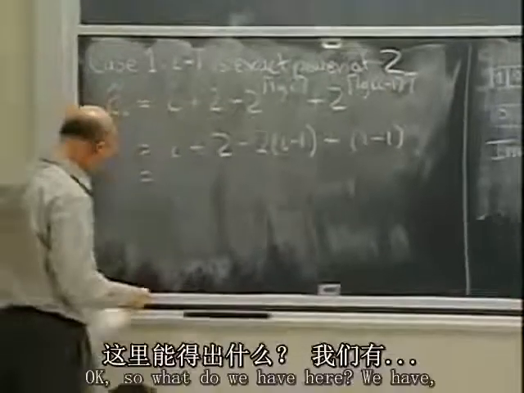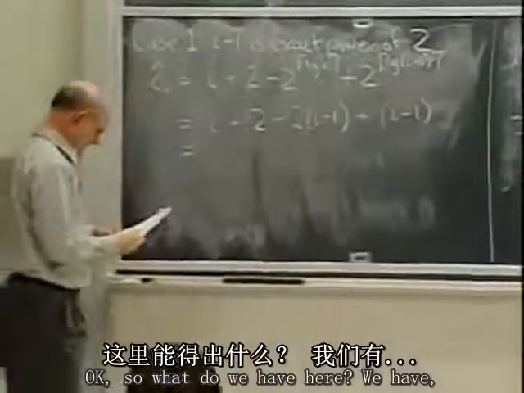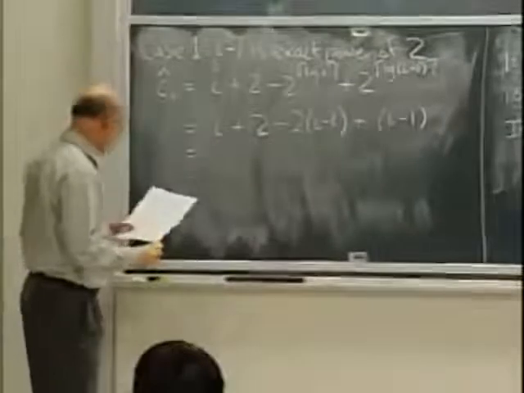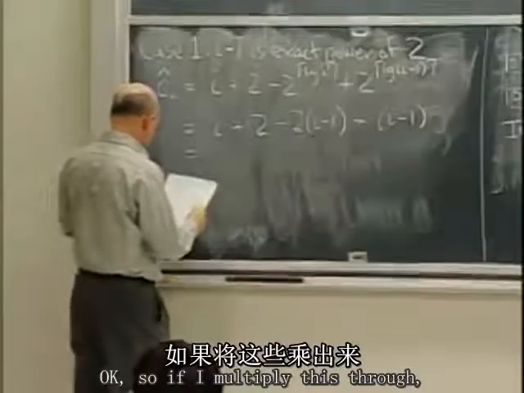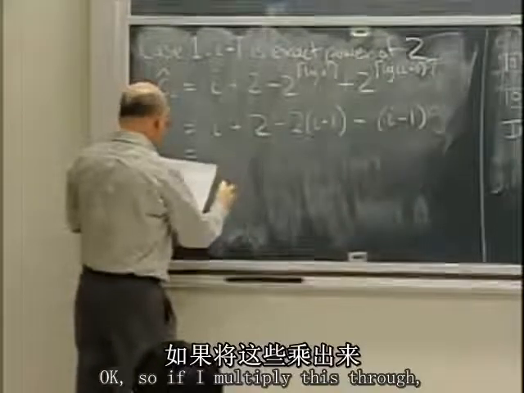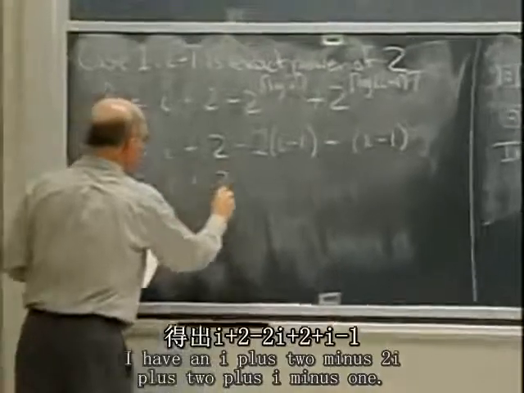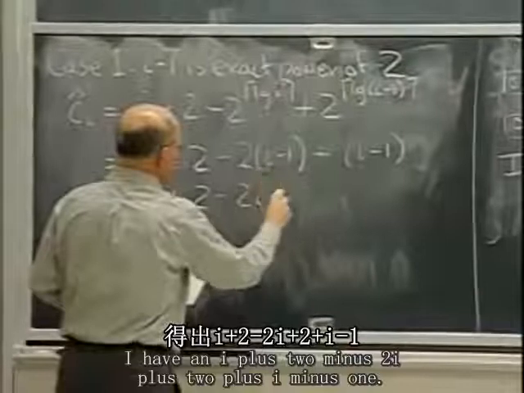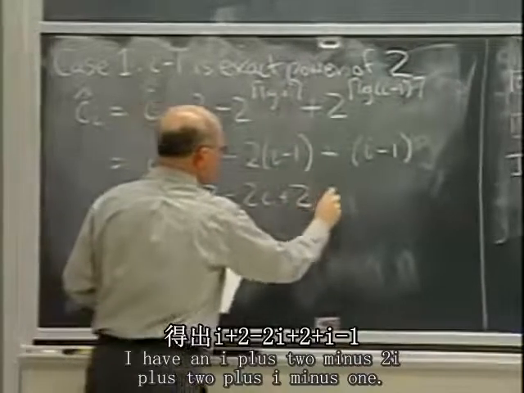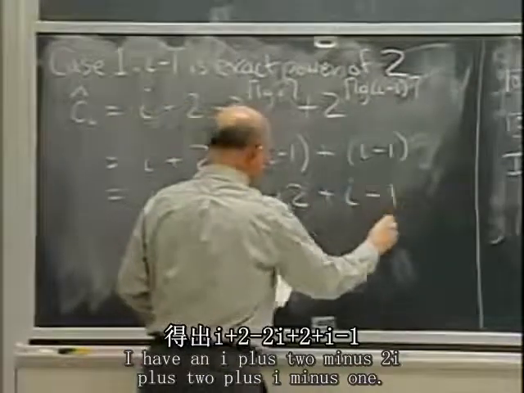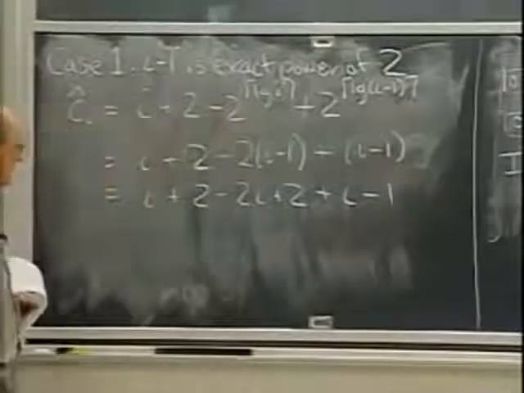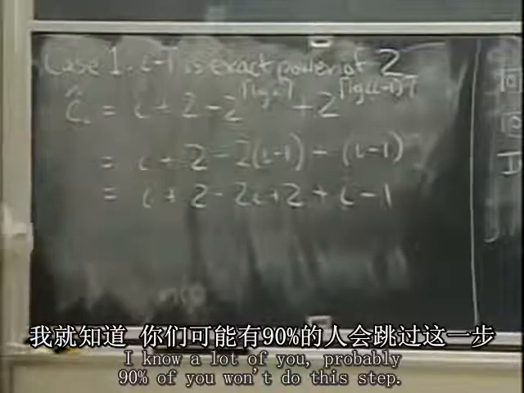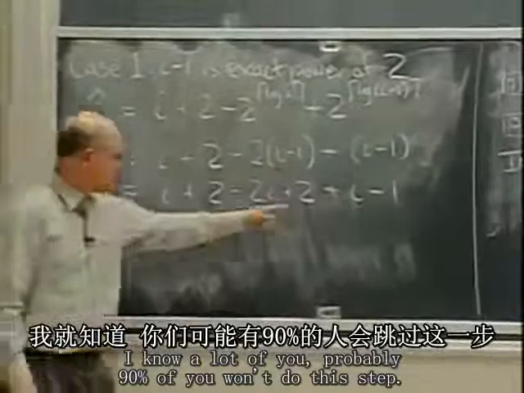Okay, so what do we have here? If I multiply this through, I have I plus 2 minus 2I plus 2 plus I minus 1. A lot of you, probably 90% of you, won't do this step.